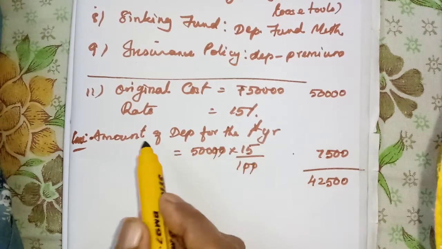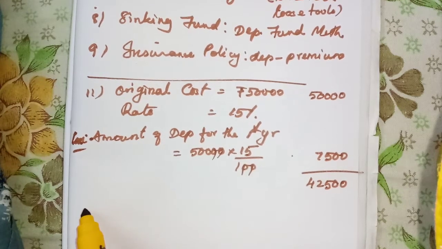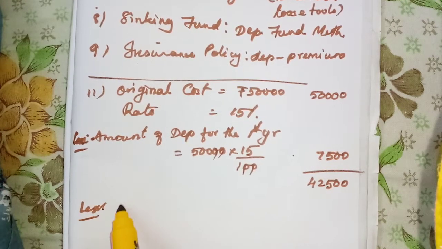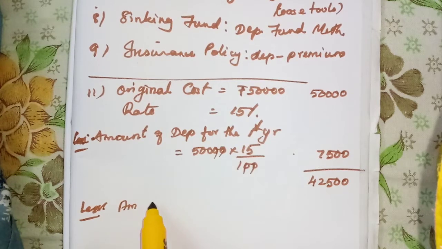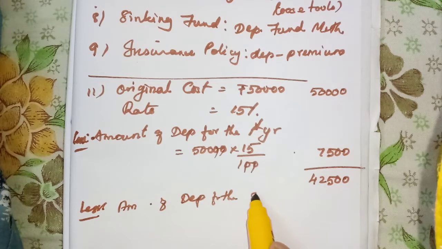We need to deduct this amount from the original cost. Then again we need to deduct the amount of depreciation for the second year.